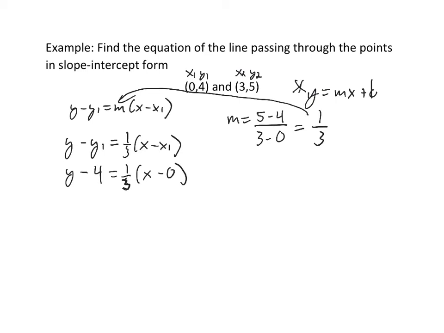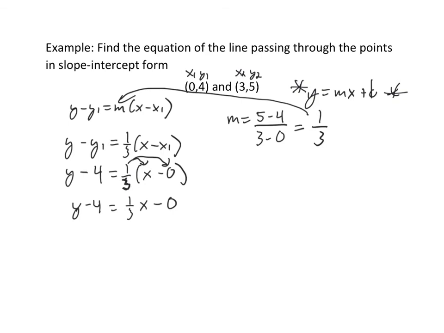Now I'm trying to make it look like y equals mx plus b because I'm asked for slope-intercept form. So the first thing I'm going to do is distribute 1 over 3 in. y minus 4 equals 1 over 3x, and then 1/3 times 0 is just 0 still.